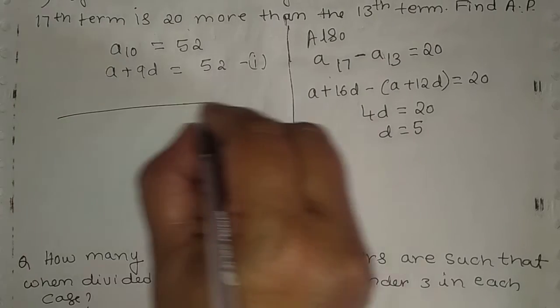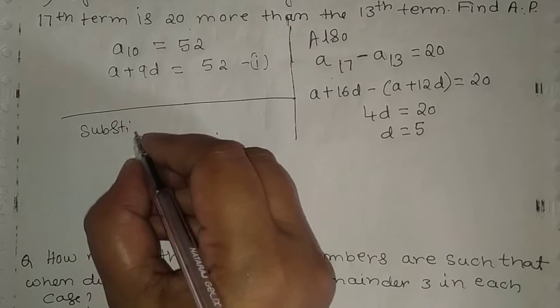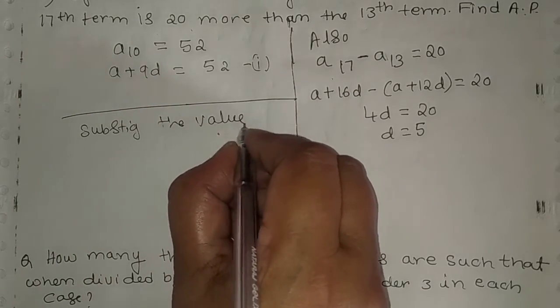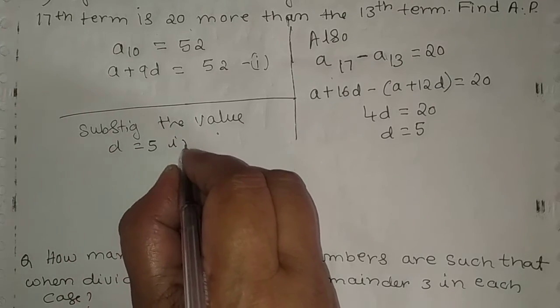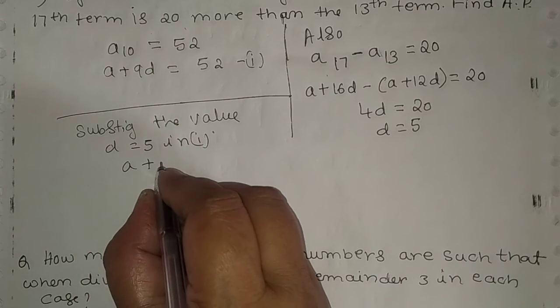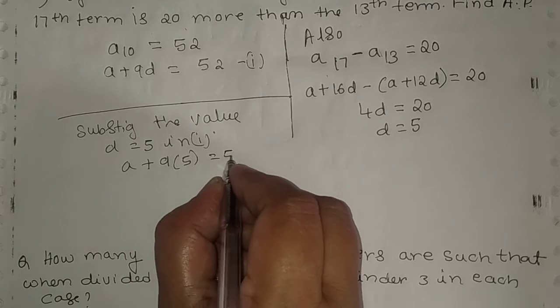Now substituting the value D is equal to 5 in equation one. So what happens, A plus 9 into 5 is equal to 52.